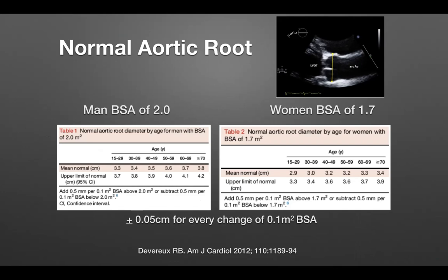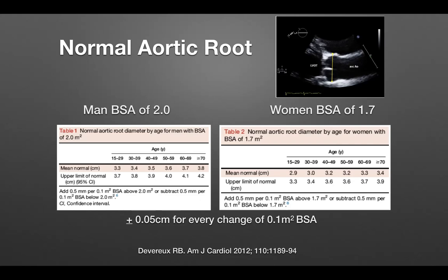What's a normal aortic root? We have it based on body surface area, 2.0 for a man and 1.7 for a woman. You will notice as the decades increase, your aorta size increases, and that's within normal. You also can have a change in your aortic size based on your body surface area, and I've listed the numbers below on how to do that.